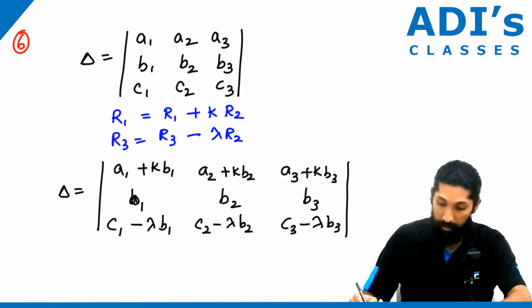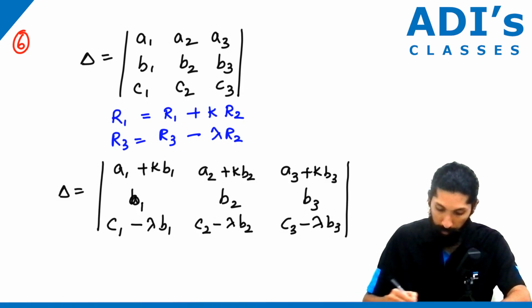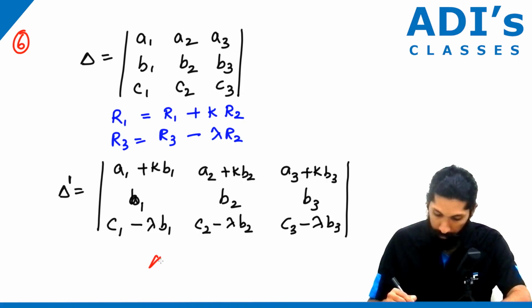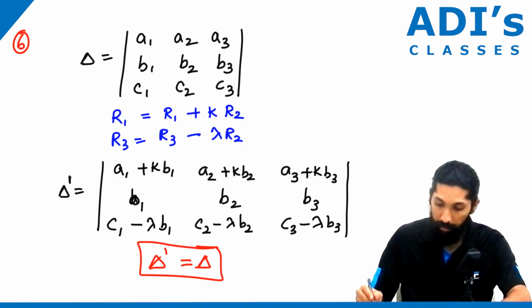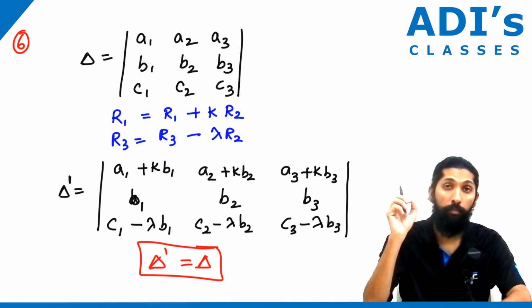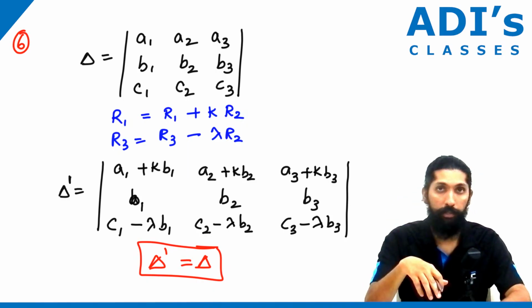If you take this as delta dash, then delta dash is equal to delta. The determinant value remains the same. This is the sixth and probably the most important property.